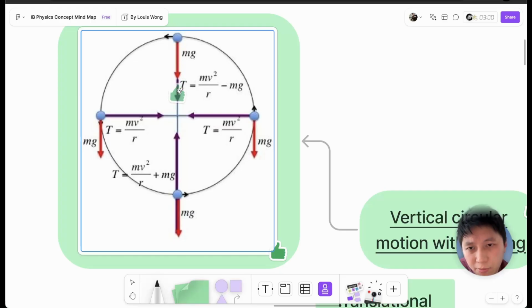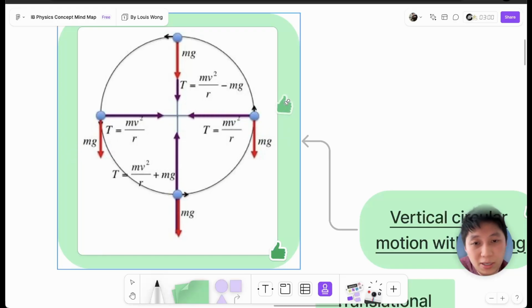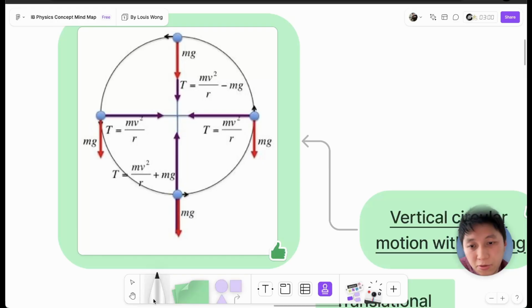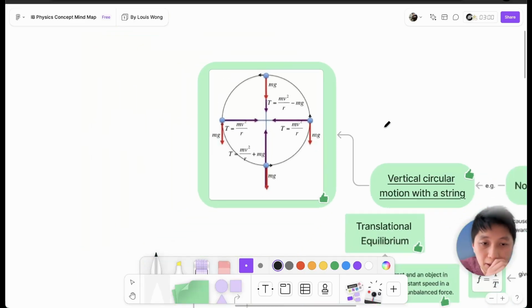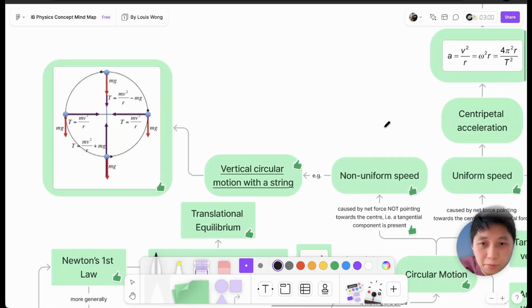At the top the arrows are pointing downward, both of them. At the bottom it is still pointing towards the center, but the magnitude is different. But the most important thing is on the side, left and right. As you can see, there's weight, there's tension, so you can see the force must be going this way or this way as a resultant force. So it's not pointing towards the center, and therefore it's a non-uniform circular motion.